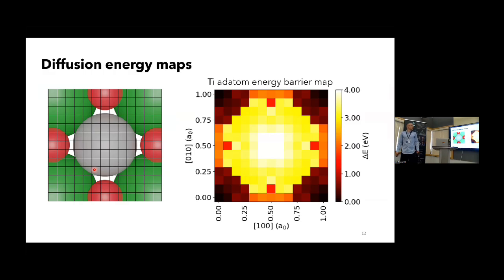For example, this is for the titanium atom. The dark color is small energy barriers and the white colors are high energy barriers. So for example, titanium would sit in its equilibrium position on the strontium site and diffuse via the oxygen atom to the other strontium site. And this was done for all 6 surface species.